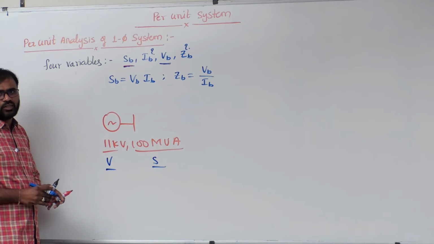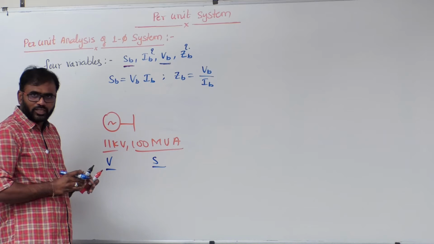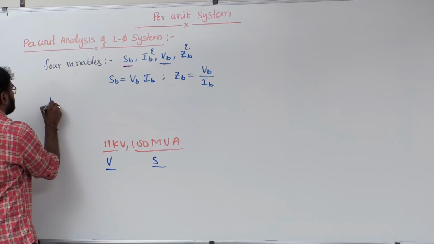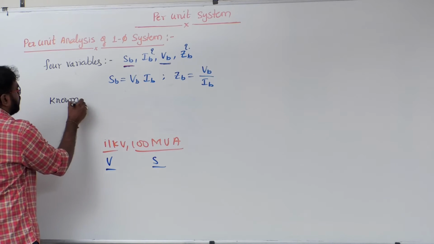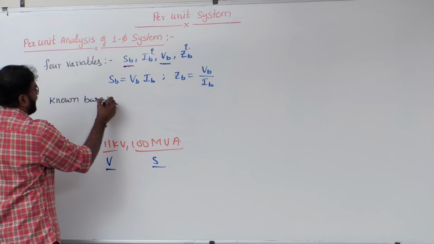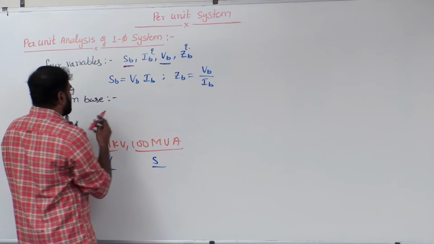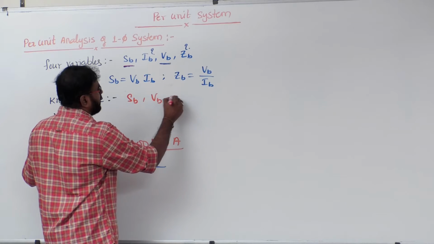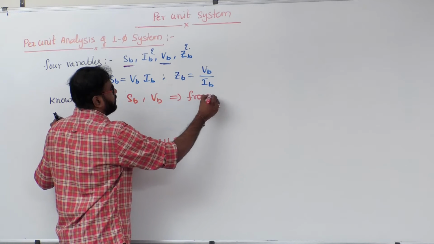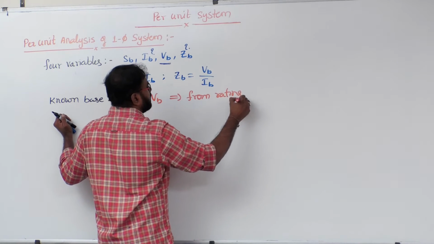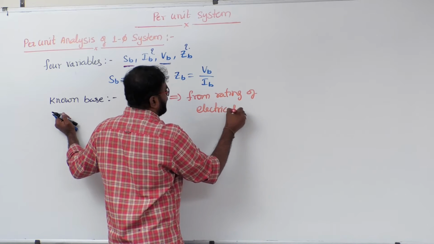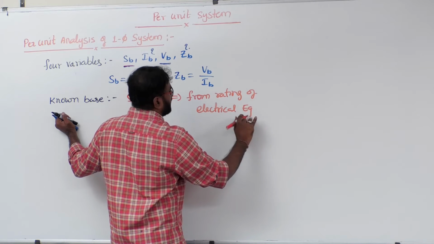That I can calculate using these simple relations. What is the known base here? Directly known are S base and V base, from the rating of electrical equipment.